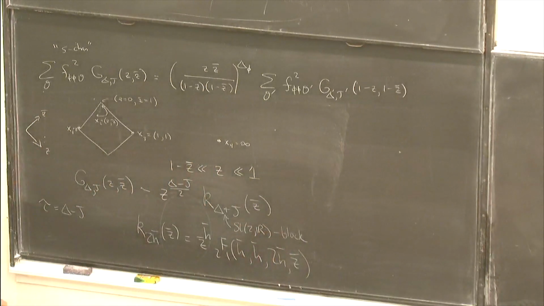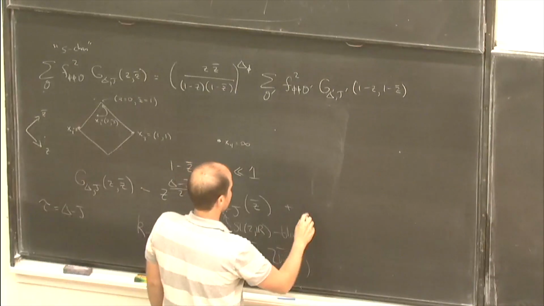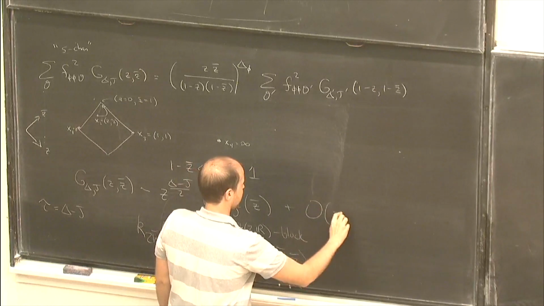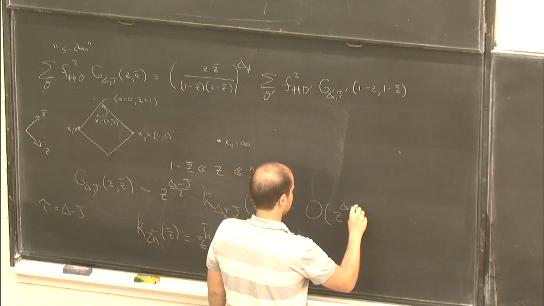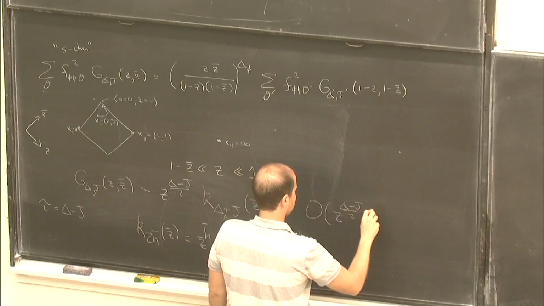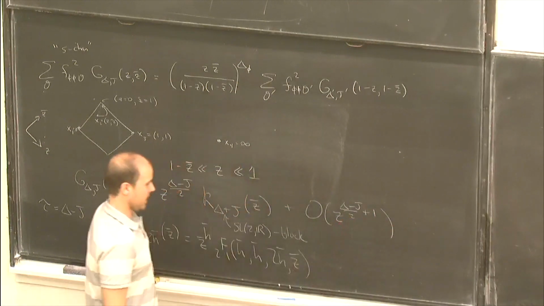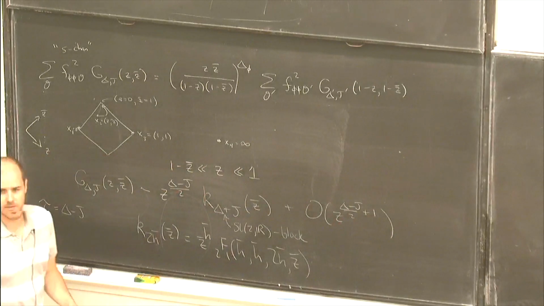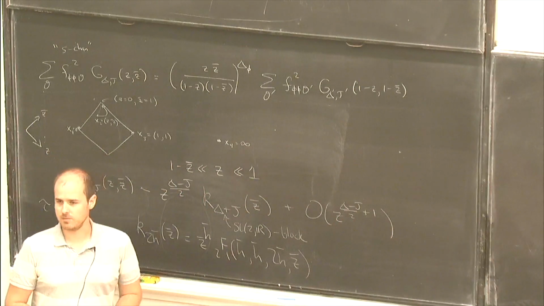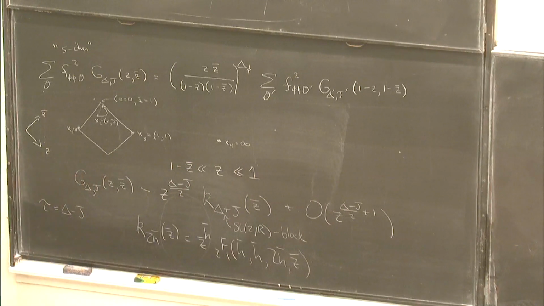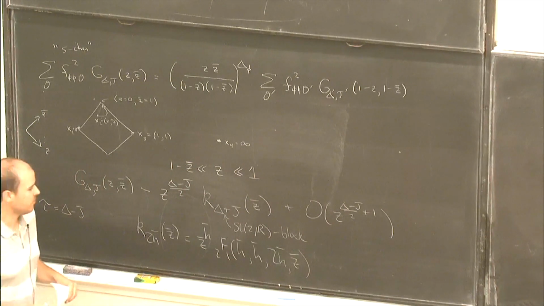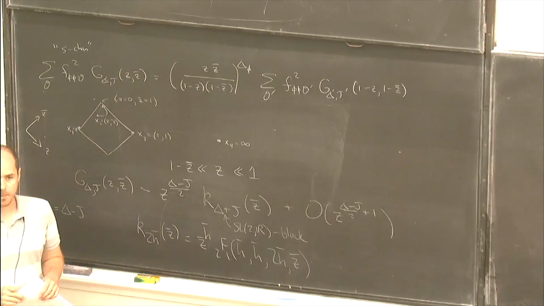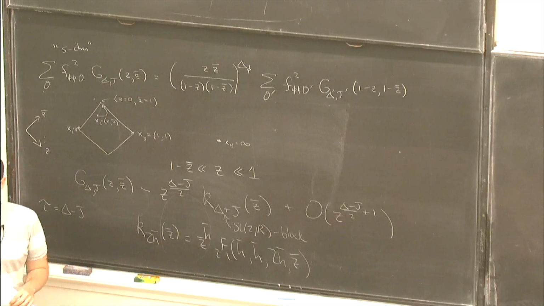This is plus higher order in z, so specifically, powers like that and higher. Deriving this formula is one of the exercises on your problem sheet for this afternoon. And I'm sure many of you have seen it before. Are there any questions? Okay.